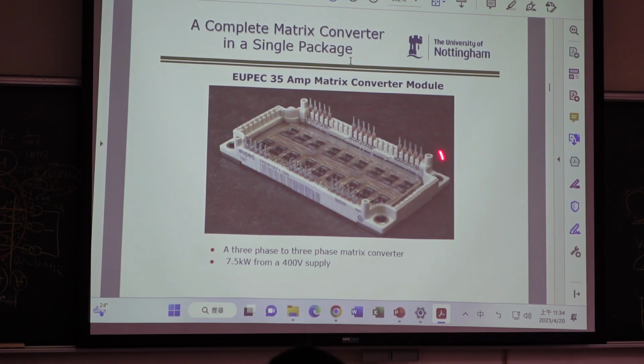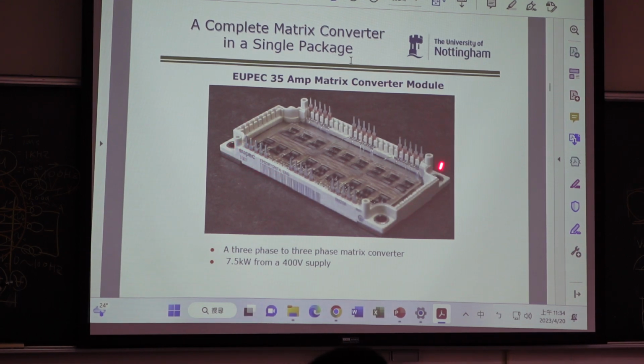In one module. So 3 by 3, 7.5 kilowatt, 400 supply. You only need to buy one module. This company is EU Power Electronics, EU Pack. So you can easily buy it. It is cheap for 9 AC switches.